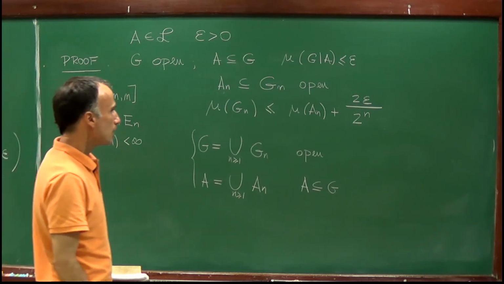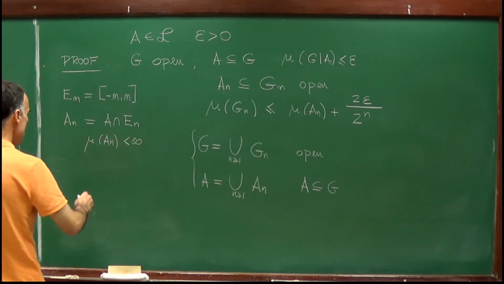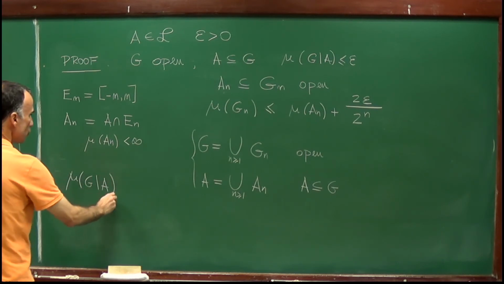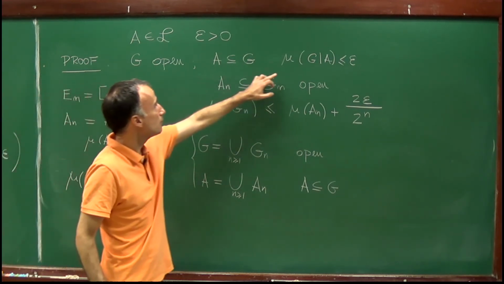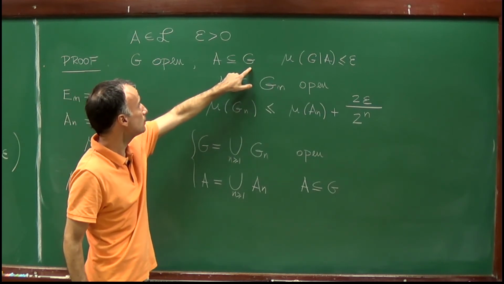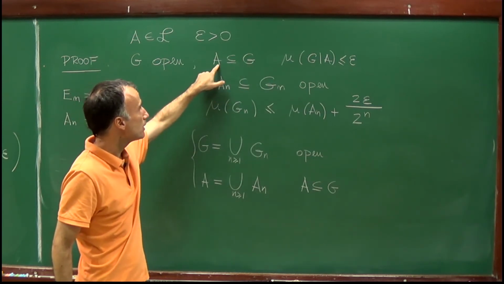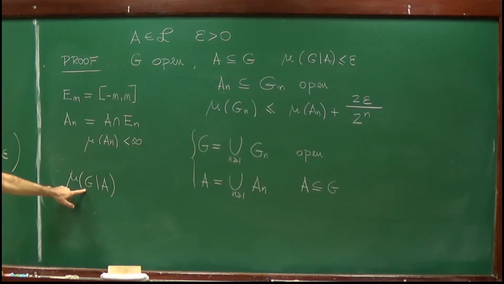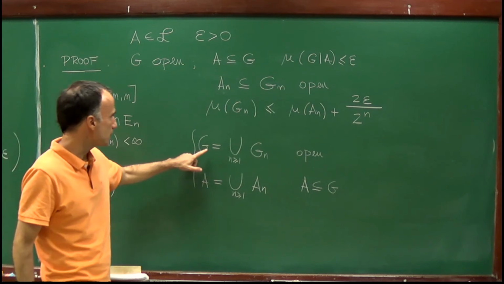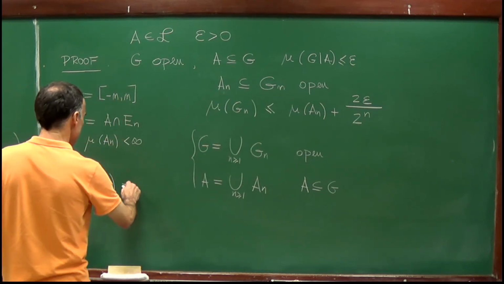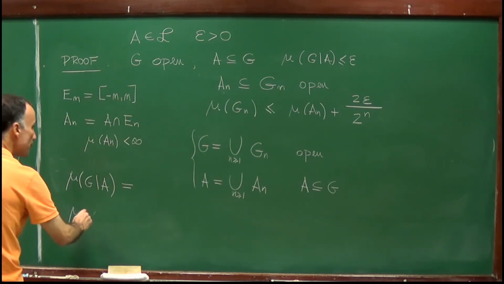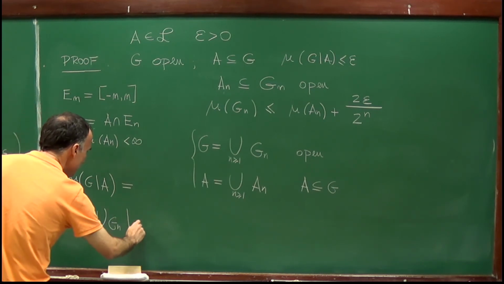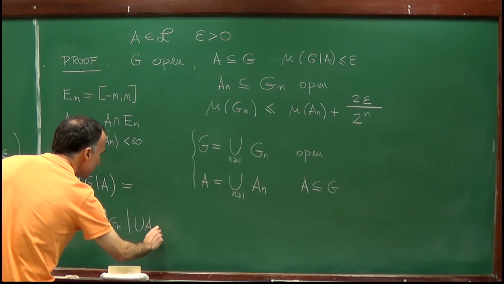And the measure of G minus A, which is what we wanted to estimate. So remember, we obtained already the set G, which is open. It contains A. So now we have to estimate the measure of G minus A. By definition, this is equal to the measure of the union of G_n minus the union of A_n.